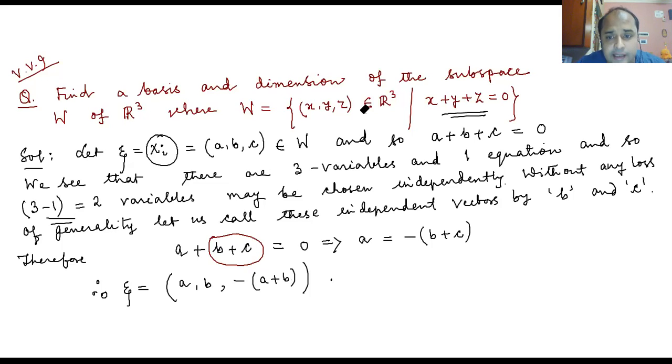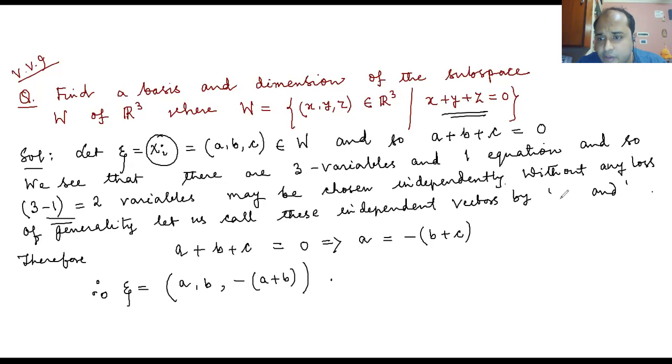Let us consider A and B to be our independent vectors, not B and C. You can do it by B and C also. Actually when I solved this particular problem in my copy, I considered A and B to be independent. So therefore let us choose A and B to be independent. A few changes let me make, very simple changes.